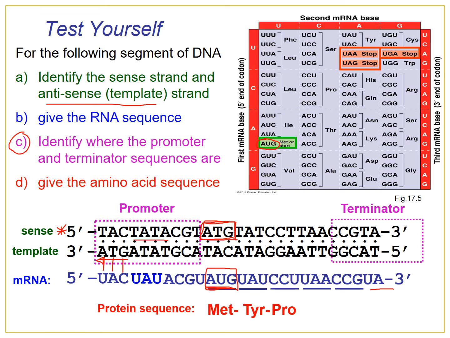UAA is the stop codon. So I'm actually done my amino acid sequence there. Remember, there's no amino acid named stop, so I don't need to write anything. I'm just writing it to remind you that this is the stop codon, but you do not need to write that.